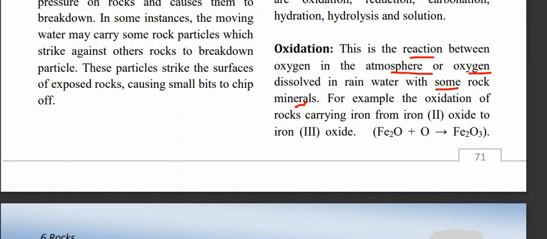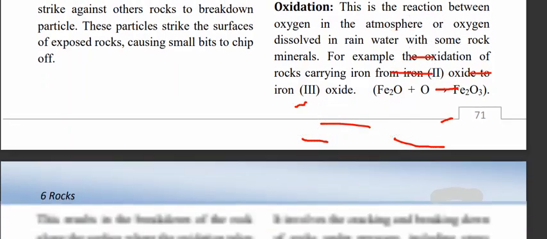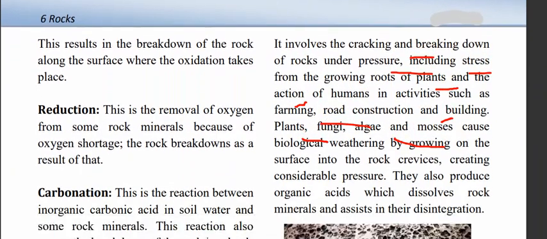For example, the oxidation of rocks carrying iron from iron(II) oxide to iron(III) oxide, and this is the chemical reaction. This results in the breakdown of the rocks along the surface where the oxidation takes place.